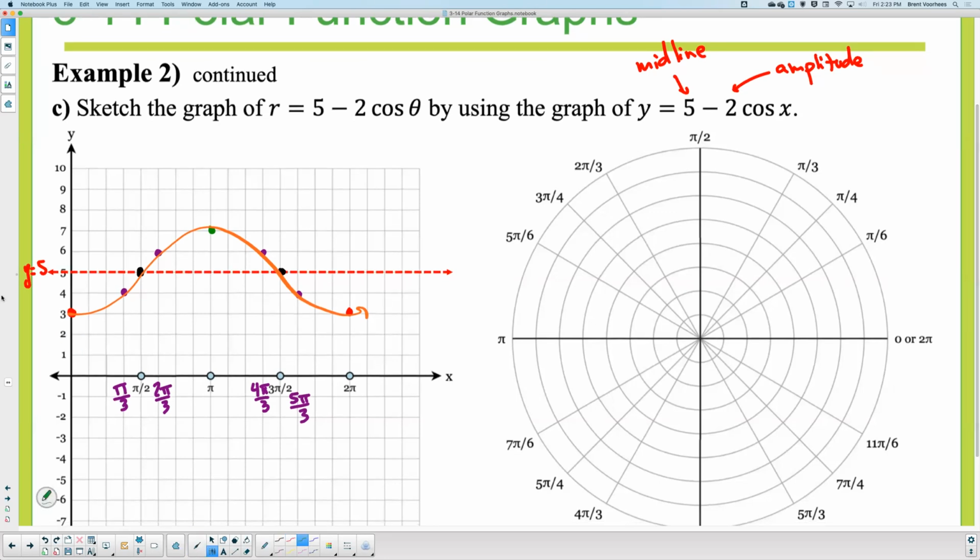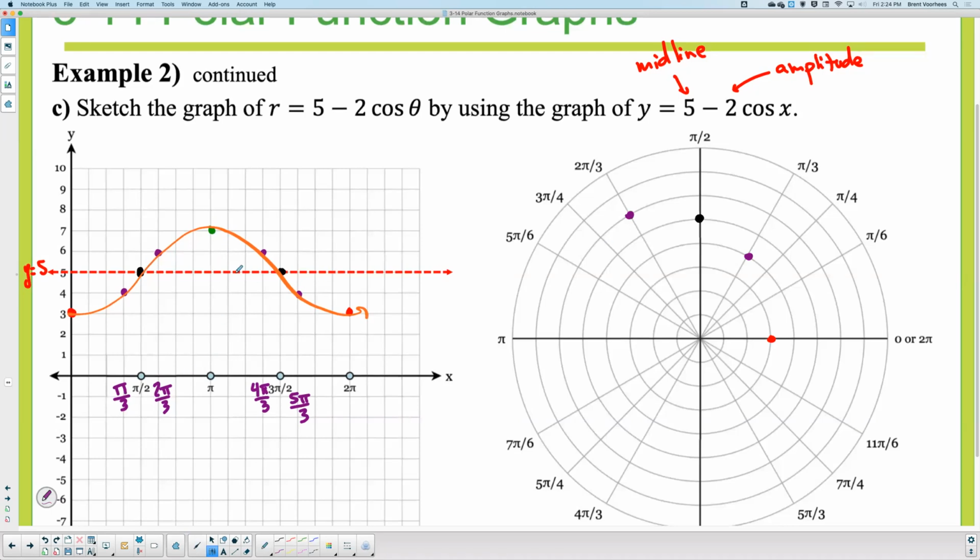This one might be a little bit easier for you to graph going around. At 0, we're at 3. 1, 2, 3. There's a point. At pi over 3, we're at 4. 1, 2, 3, 4. At pi over 2, we're at 5. 2 pi over 3, we're at 6.